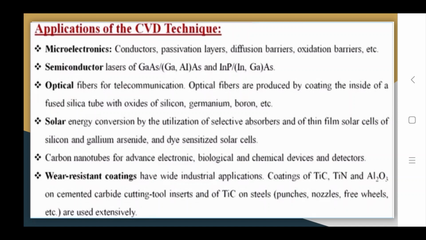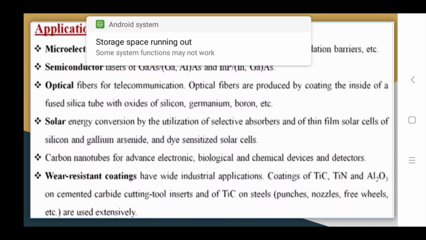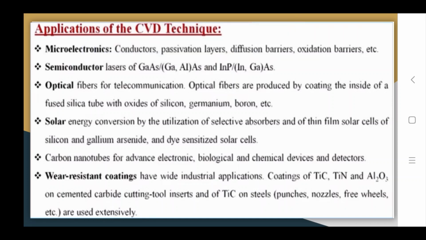Optical fibers are produced by coating the inside of a fused silica tube with oxides of silica. Then we are using it for solar energy purposes also, such as solar energy conversion by utilization of selective absorbers and thin film solar cells of silicon and gallium arsenide and dye sensitized solar cells also. Then carbon nanotubes for advanced electronics, biological and chemical devices and detectors also.